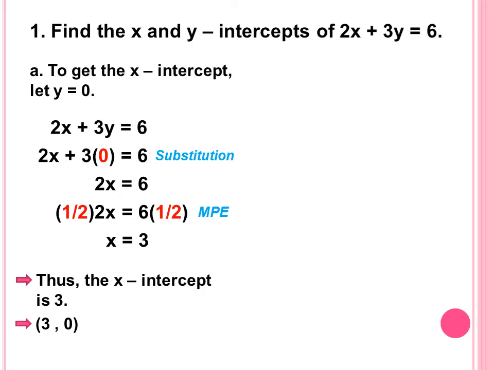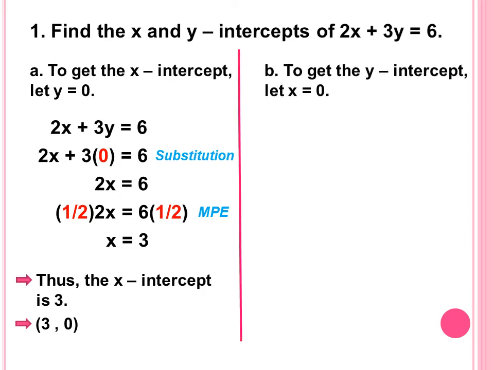Okay. Now, we already know how to get the x-intercept. Let's now proceed on how to get the y-intercept. To get the y-intercept, let x is equal to 0. Kabaliktaran ng pagkuha ng x-intercept, ito naman, x ang gagawin nating 0.